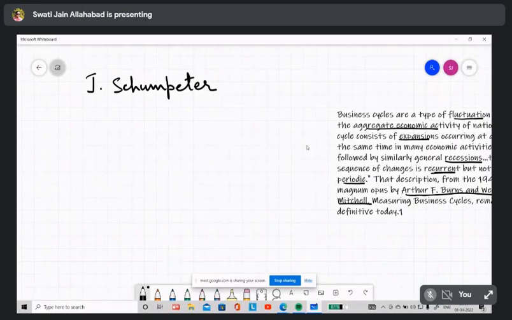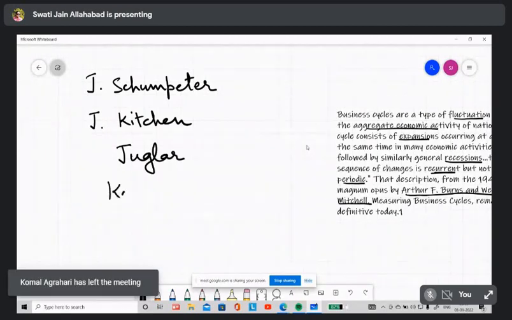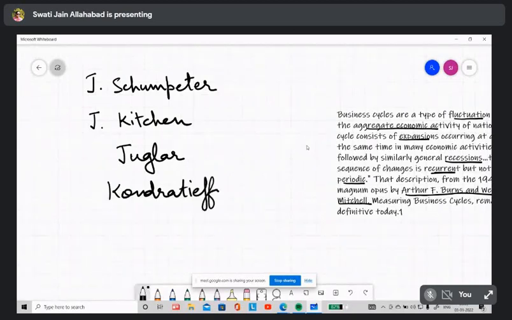Then there is Kitchen. Then Juglar. And then there is Kondratiev. These are four different economists who have defined business cycles in the olden days, in the previous time periods, right?